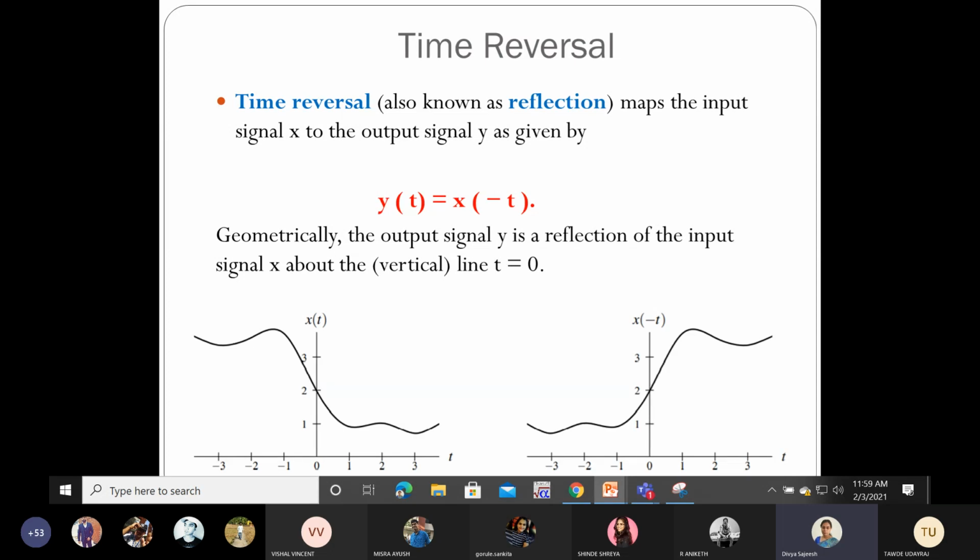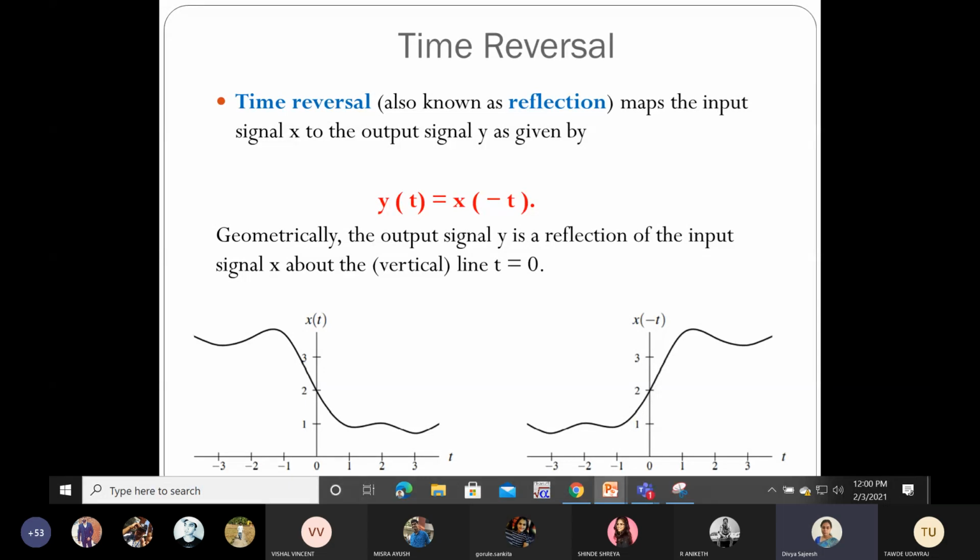So this is an example of time reversal. It is a continuous time signal whose one point touches the y-axis at point 2, and it continues in the negative axis as well as the positive axis of time.